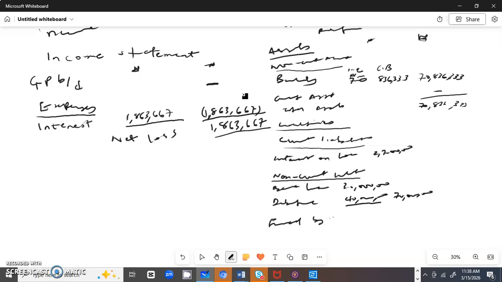We're not given any information on capital. We have the net loss, which is 1,863,667. So let's add up and take away the net loss. We have 72,700,000 minus 1,863,667.